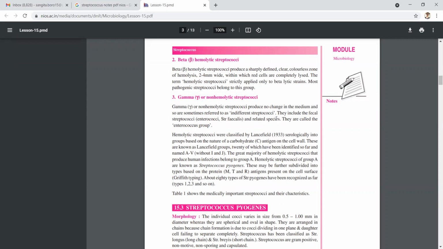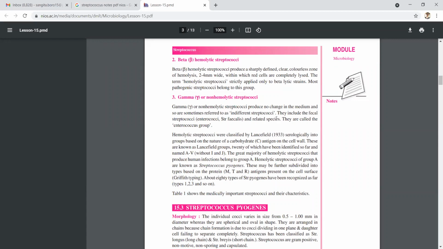This grouping system is known as the Lancefield group, where you will find 20 identified groups, named A, B, C, D till V, but there is no I and J in between. And I had already mentioned that.